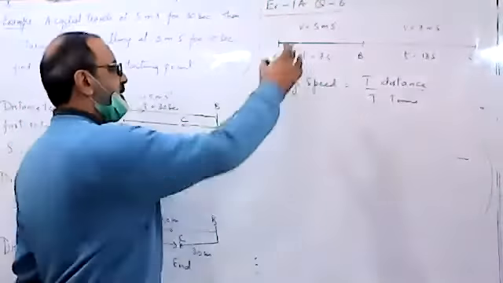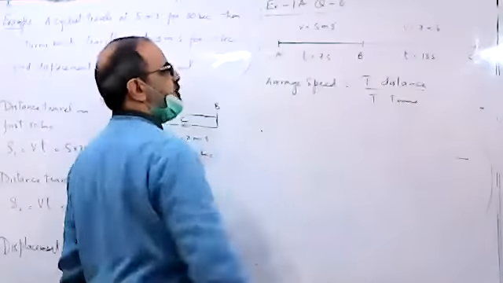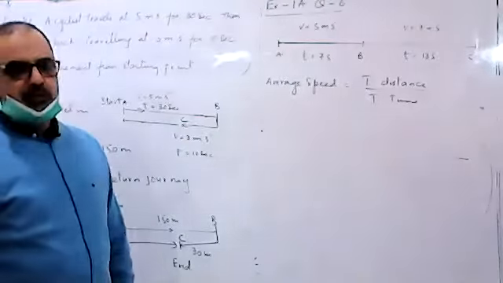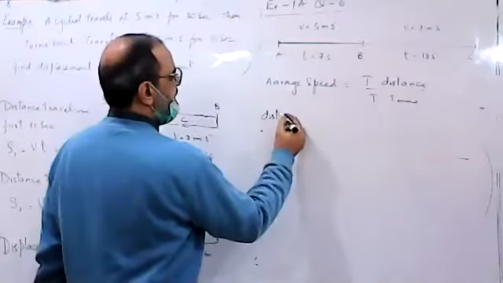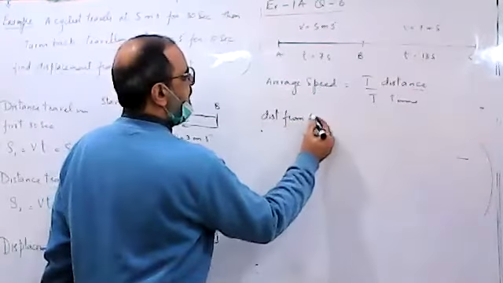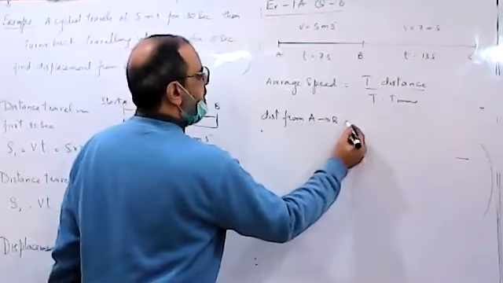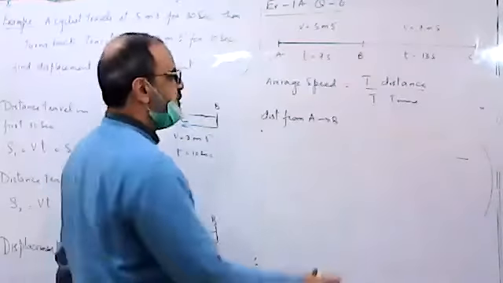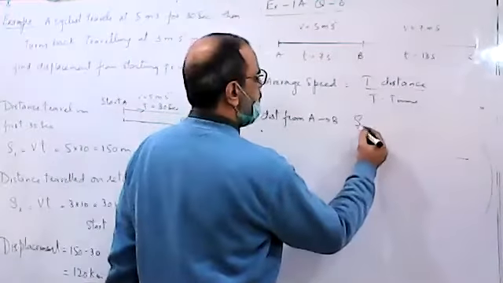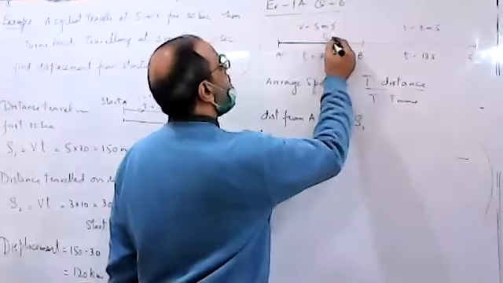So using data given to me, I have to find the total distance. The first part of the distance from A to B. Because the object is moving with a constant speed 5 meters per second, so I can use distance as S1.